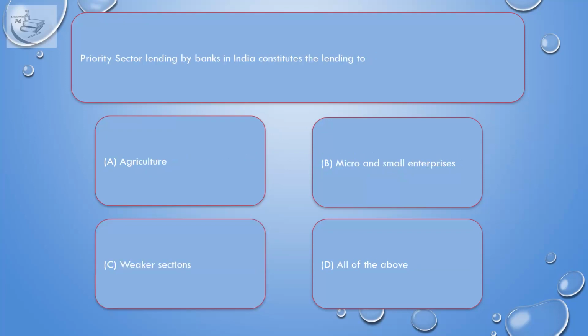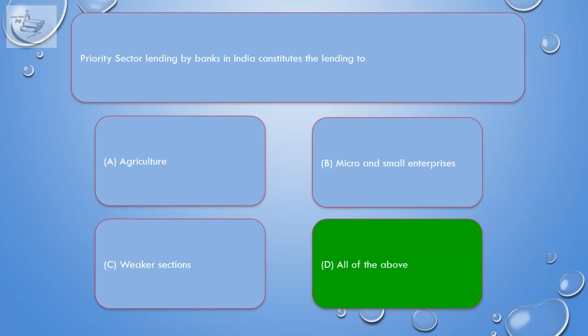Question: priority sector lending by banks in India constitutes the lending to A. Agriculture. B. Micro and small enterprises. C. Weaker sections. D. All of the above. Correct answer is D. All of the above.